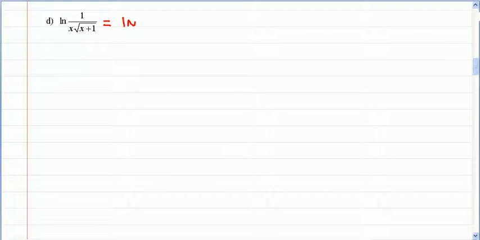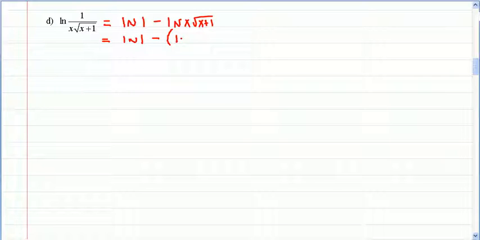So I can write this as the ln of 1 minus the ln of x times the square root of x plus 1. And then since I have two functions that are being multiplied, I can separate them, but I'm going to put it in parentheses, as the ln of x plus the ln of the square root of x plus 1.